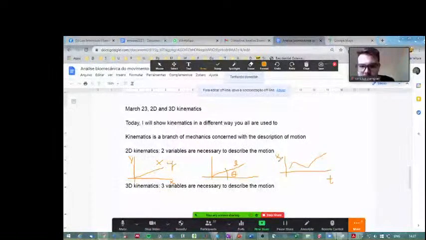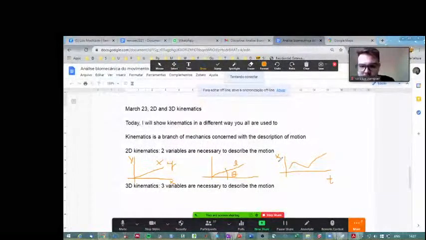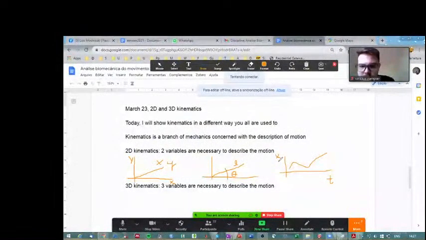Okay, so turning that into mathematics, it means that there is an equation that you can use to transform one reference system to another reference system.